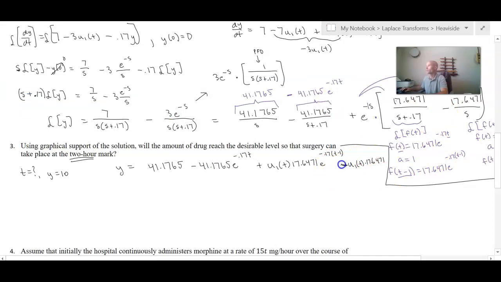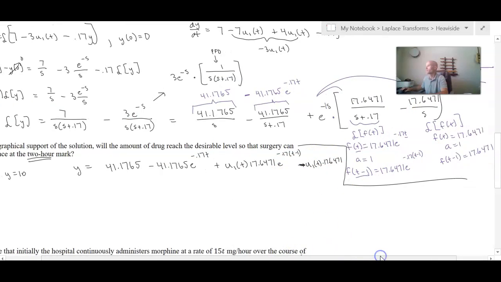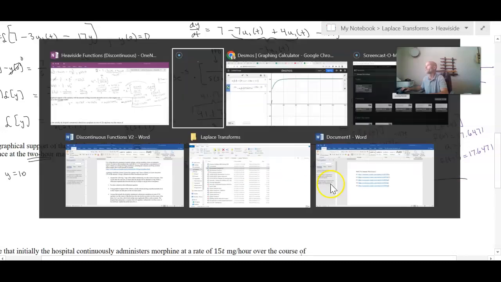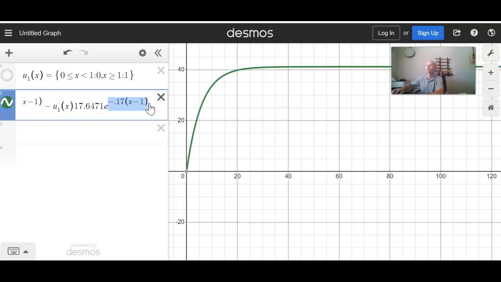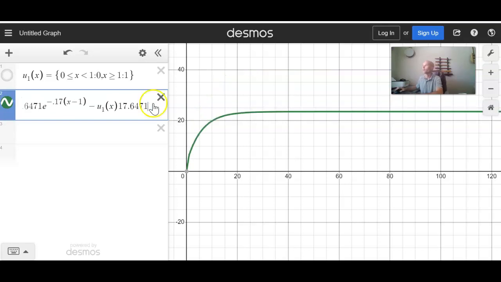Let's just check our signs real quick. That should be a minus sign because here we had a minus sign. So I should have done that same thing here and put the minus sign in front of it. Minus u1 of t times 17.6471 times that guy there.